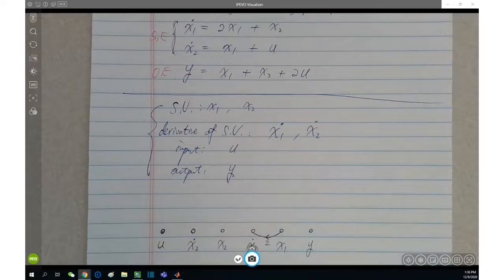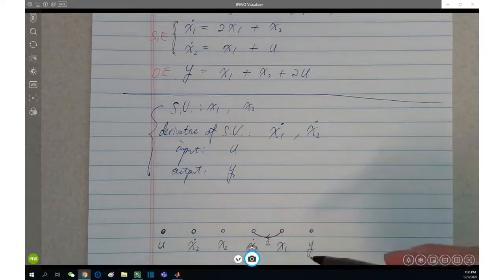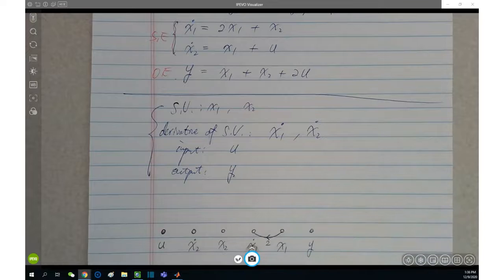This is how we label it. This signal is going back because x1 is on the right-hand side of the x1 dot. So this is a going-back signal, and you keep it below the horizontal line.